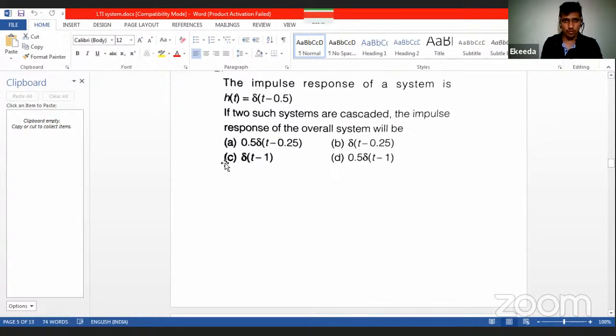Next, coming to the fourth question, the impulse response of a system is given by this. Now, if two such systems are cascaded, what is the impulse response of the overall system? This is one system, and there is another system.